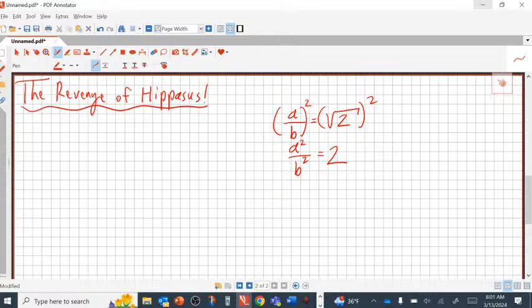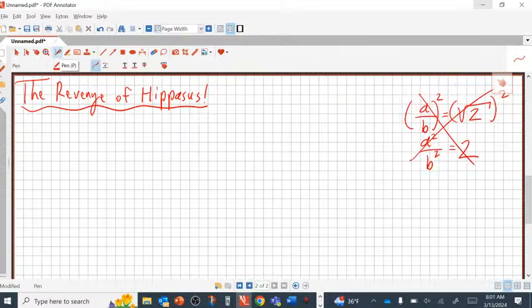Like if I said this number divided by that number is 2, could it be that I wrote an unreducible fraction? No, I couldn't write an unreducible fraction. So he showed that even if you say these have no factors in common, then they have to have factors in common, which is impossible. And it got him killed.